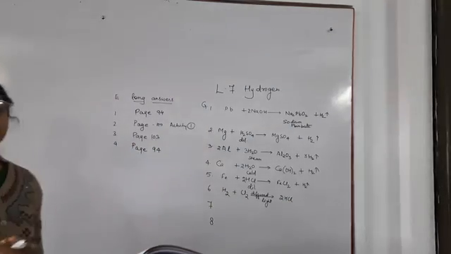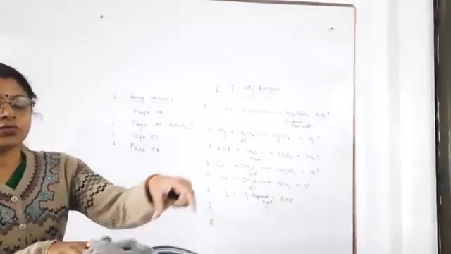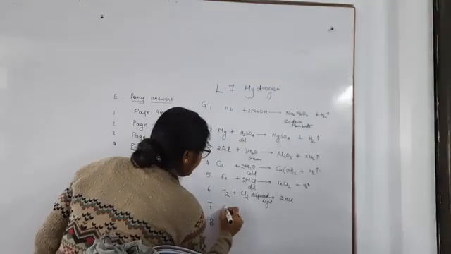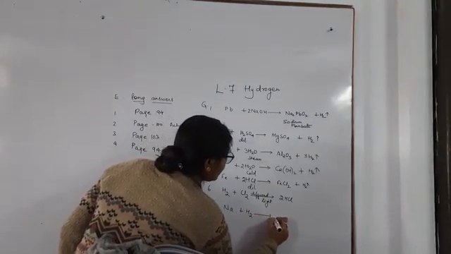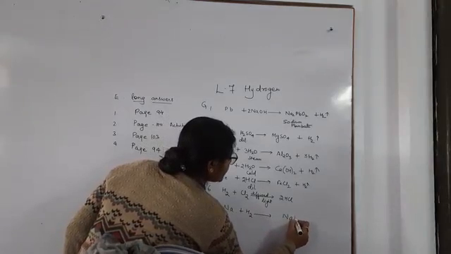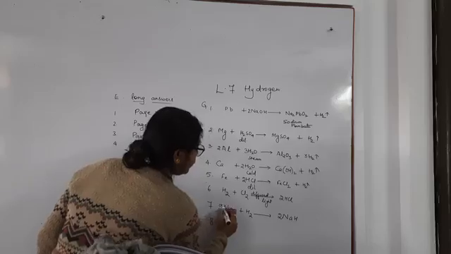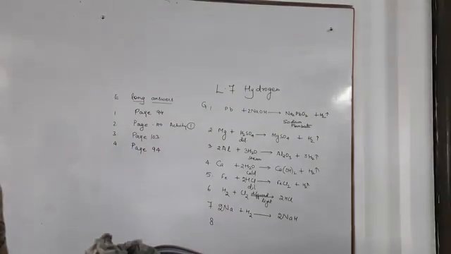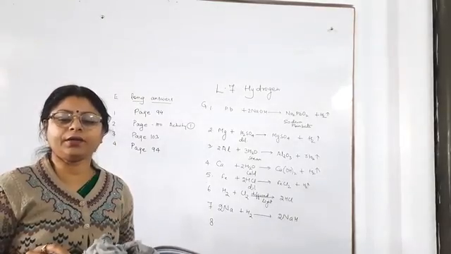Next is sodium reacts with hydrogen. So sodium Na reacts with hydrogen H2, it will form NaH. To balance the reaction, here we have to write 2Na plus H2 changes into 2NaH, sodium hydride.